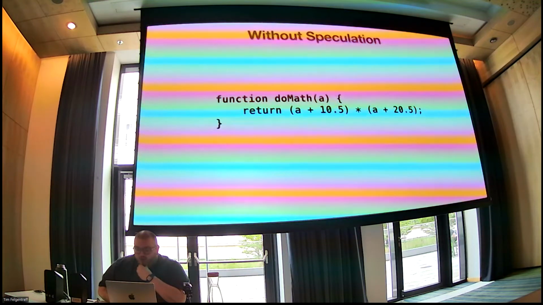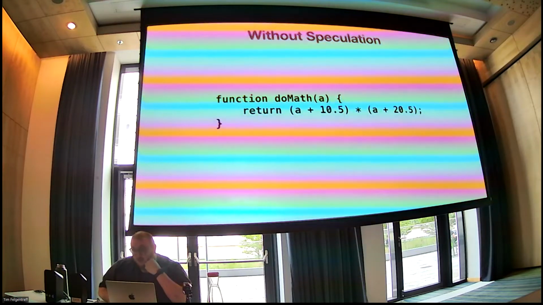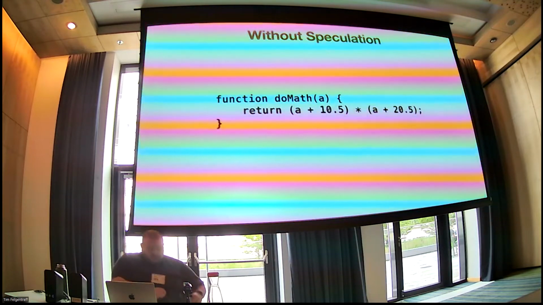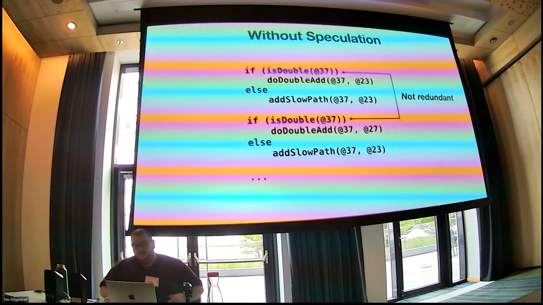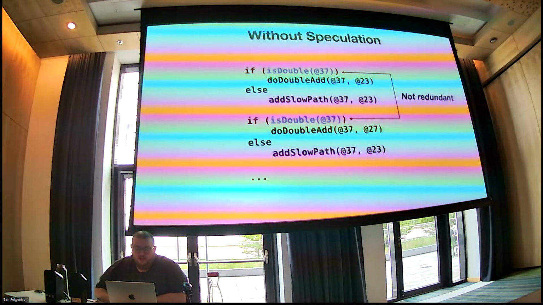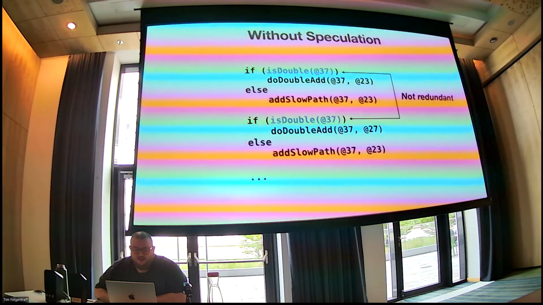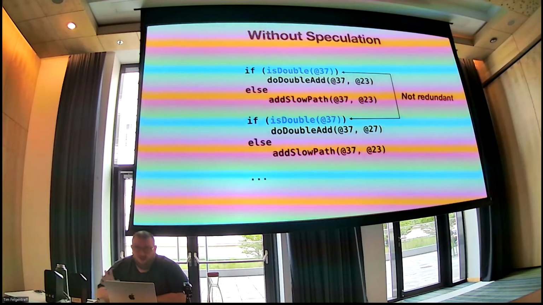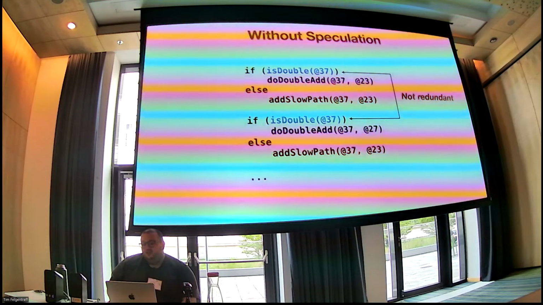To motivate why we want to speculate, let's look at this doMath function, which takes this argument and does two adds on it. Let's assume here in practice that our A argument is going to be a double. If we emitted this code in our DFG IR without speculations, it looks something like that. If you inspect the code you generate at runtime, you end up with these two double checks on your argument, and they're not redundant, because the first double check might fail and go through the slow path. So you can't prove anything about what this argument node 37 was, and you also can't prove anything about the resulting operation of the add.